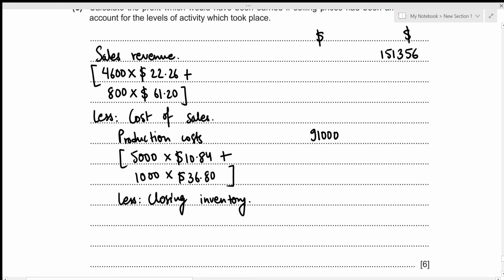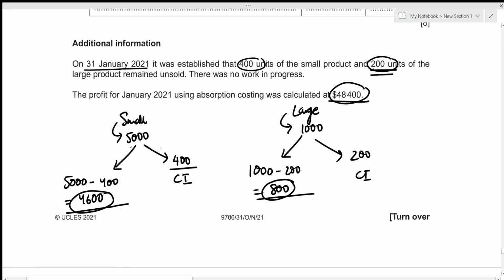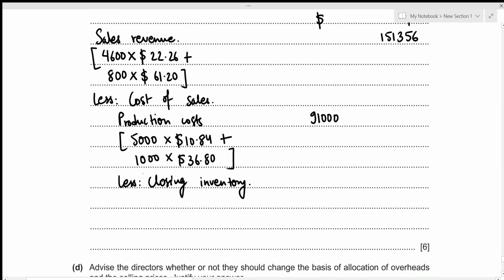Okay, so let's have a look above. We already figured out the closing inventories for small sizes to be 400 units and large sizes to be 200 units. So in order to figure out the total closing inventory value, we just need to multiply our closing inventories with the production cost per unit. Let's do that. So closing inventory is going to be 400 units for small sizes and the production cost per unit is 10.84.